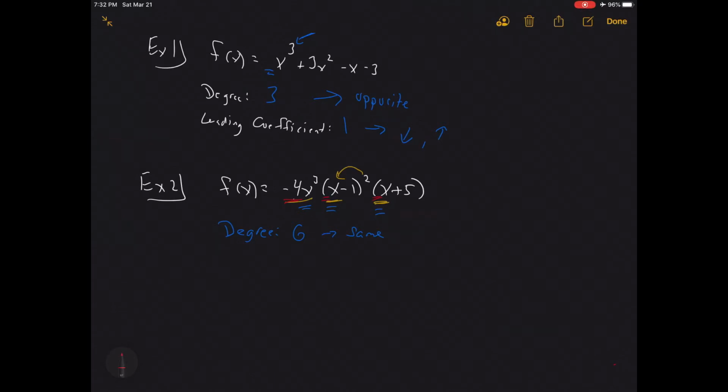So multiplying 1 times negative 4, your leading coefficient, I'm going to start abbreviating that a little bit, is going to be negative 4. I know it looks like it might have just been negative 4 here, but you've got to also take into account what's inside those parentheses, because those could also affect your leading coefficient. So our leading coefficient is negative, which means that both ends are going to go down.